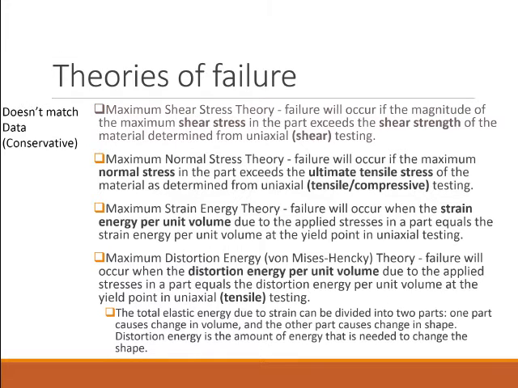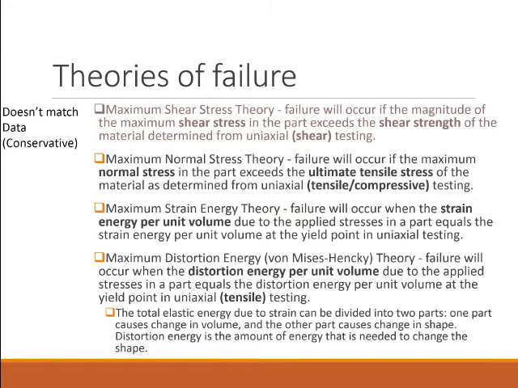The problem with this one is that it doesn't match the data. This isn't the worst theory to use, though, because it is a conservative theory, which means that whatever I get for when it's going to fail, it turns out it's going to take more stress to fail than just the maximum shear stress. So that's the first theory.